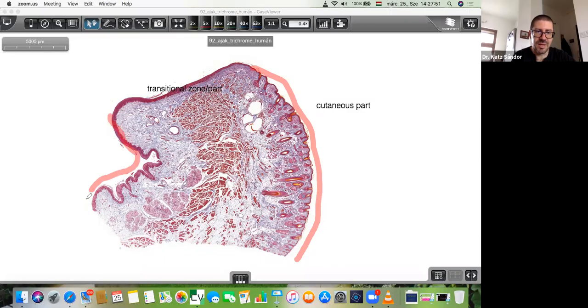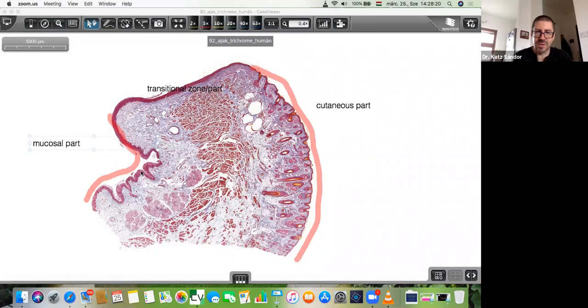This is the mucosal part, facing the teeth, the lower teeth and upper teeth, depending on the lip. Okay, so the cutaneous surface, transitional part, and mucosal surface are presented.